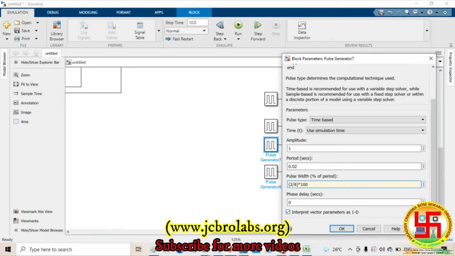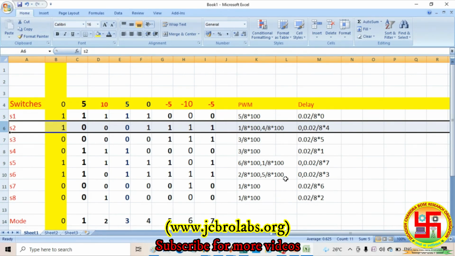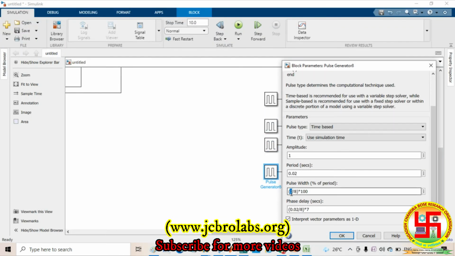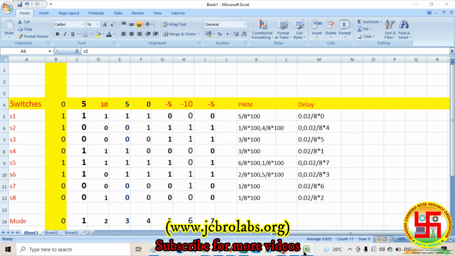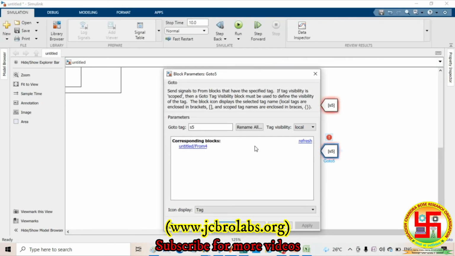For 2 by 8 it is 0 only, and 5 by 8 only. It is 5 by 8, and the mode of operation is I think 3. 5 by 8, 3 mode of operation. Yes, you can see here. Now this is for S6.